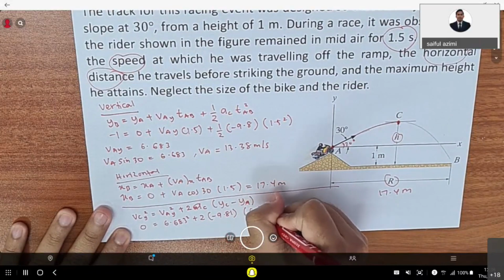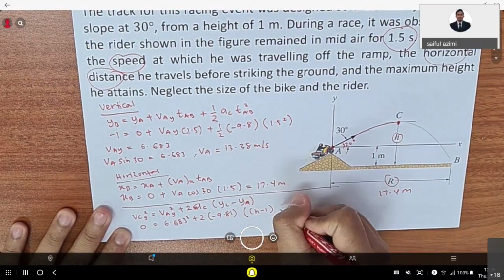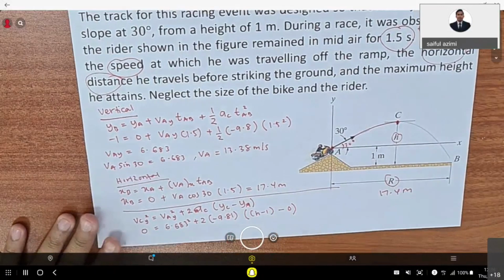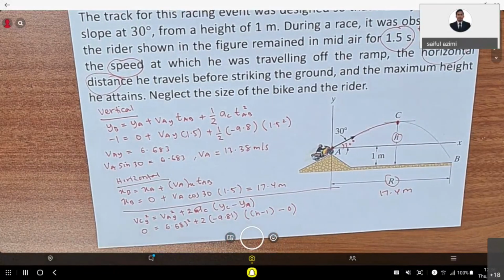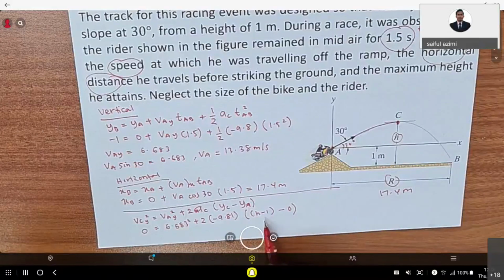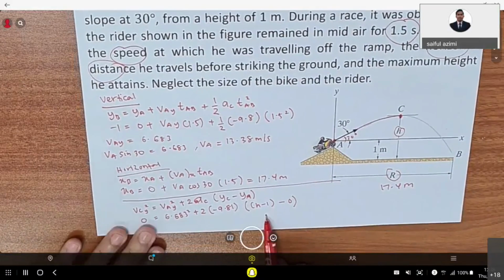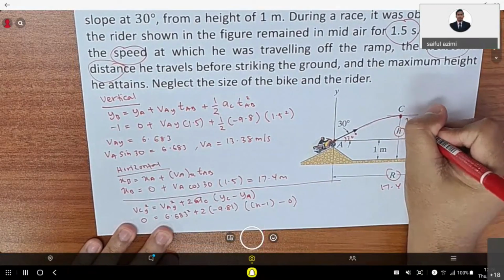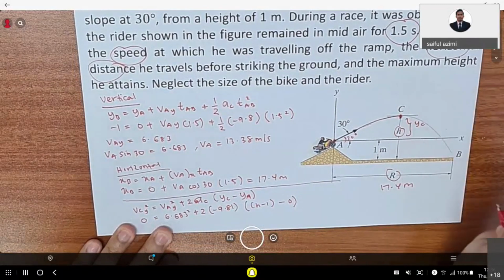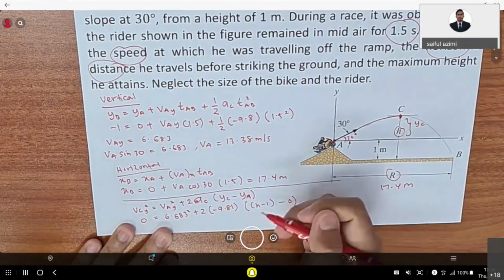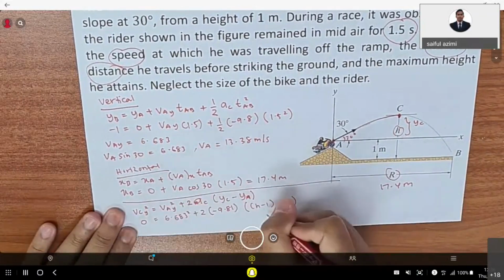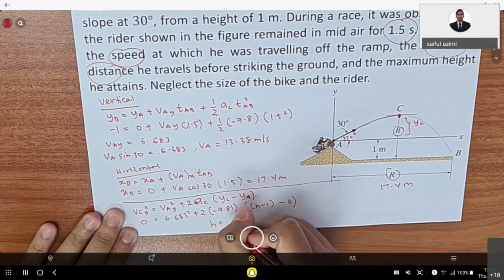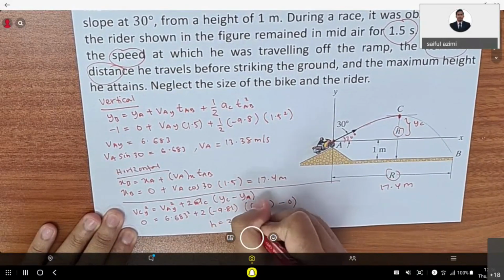YC equals H minus 1, and then minus YA equals 0. So do you know why H is minus 1? This is actually YC, it's YA. Then you rearrange the equation and you get the value of H equals 3.28 meter.